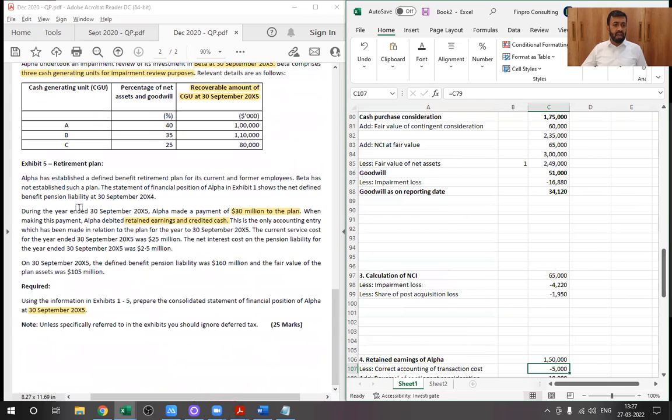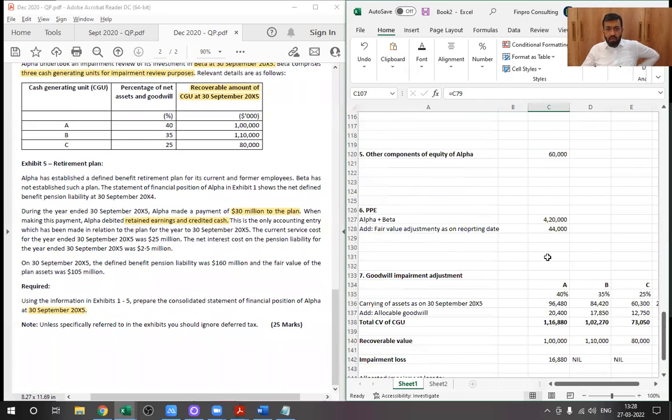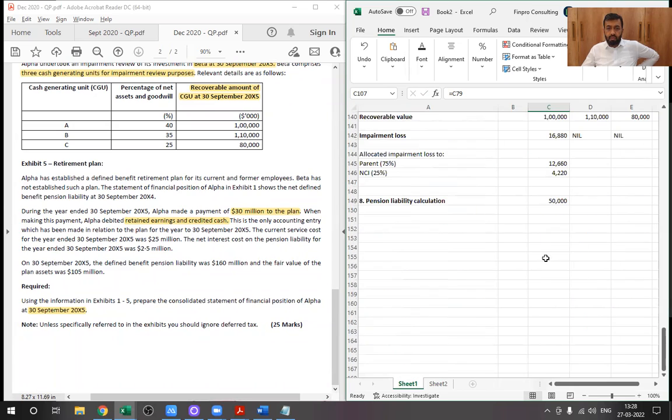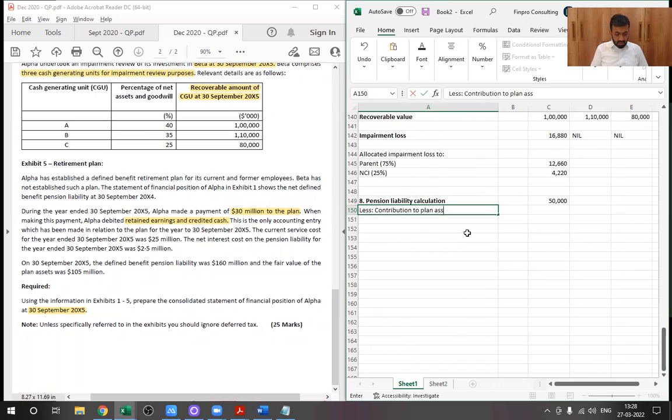Now pension benefit, the last adjustment. We have already written the pension liability amount. What is not considered here is contribution to the plan assets. Now we are calculating net, so we also have to consider less contribution to plan assets.